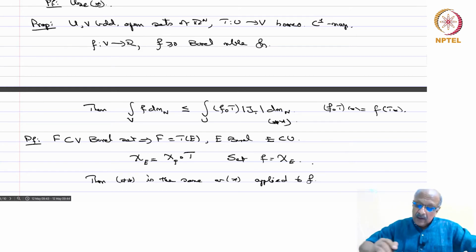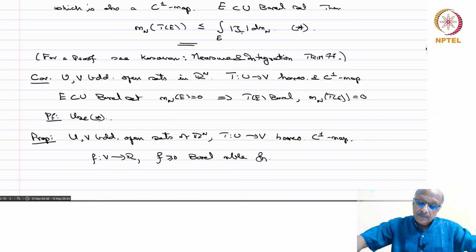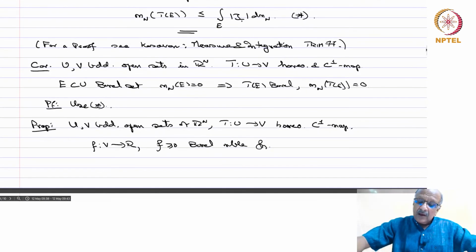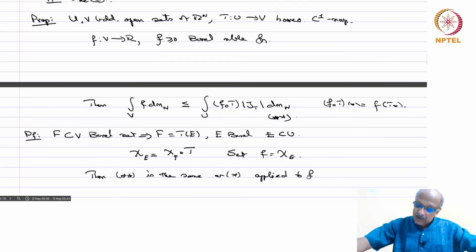We have μn of E is less than or equal to μn of T of E, which is less than the integral of Jt over E dμn. So this is exactly the relationship which we have here.